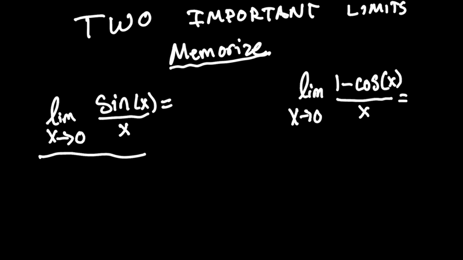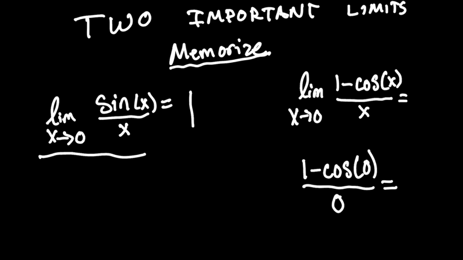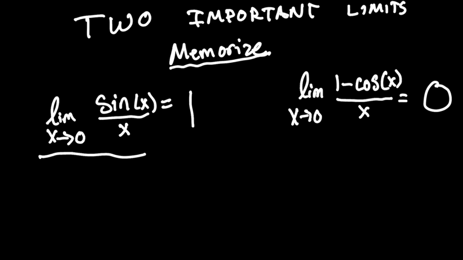Instead, sine of x over x as x gets closer to 0 is equal to 1. And if you were to directly substitute 1 minus cosine x over x with x equal to 0, we're going to see 1 minus cosine of 0 over 0. This will also give us 0 over 0. Instead, this limit as x goes to 0 is actually going to equal 0. These are two important limits that you should memorize.